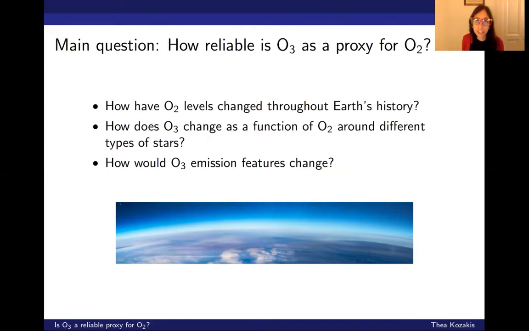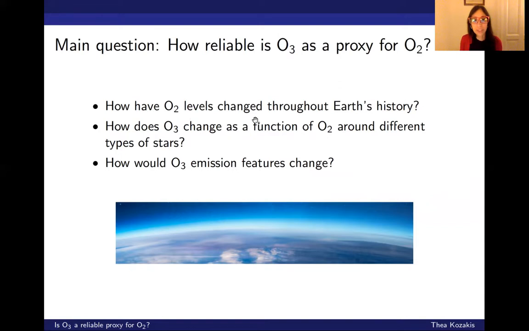How does ozone change as a function of O2, not only for the Earth-Sun system, but also around different types of stars? And then finally, how would these different O2 levels around different types of stars change the O3 emission features? Because in the end, what we want is to know, by looking at O3 emission features, can we back out information about O2 content?